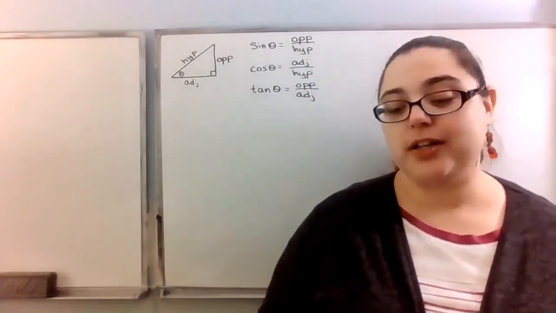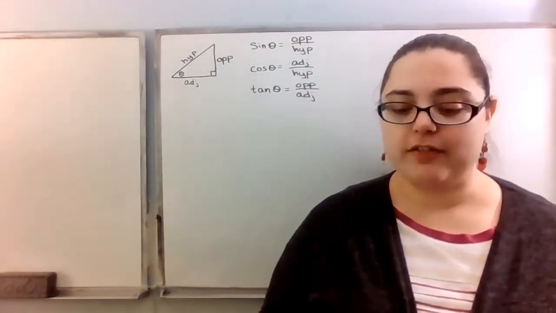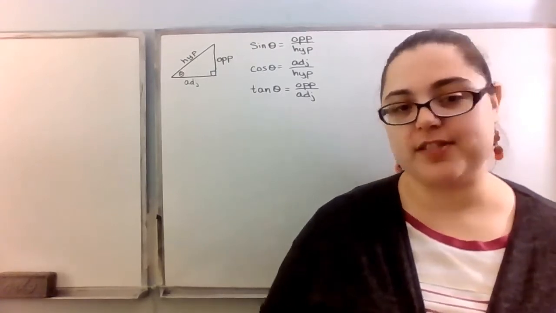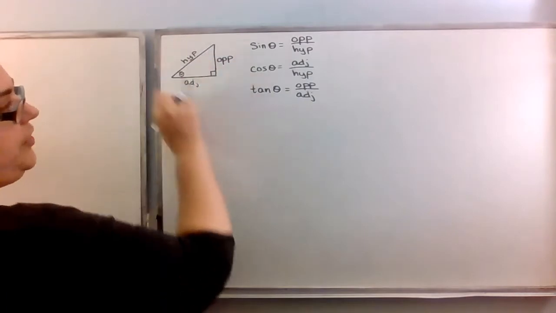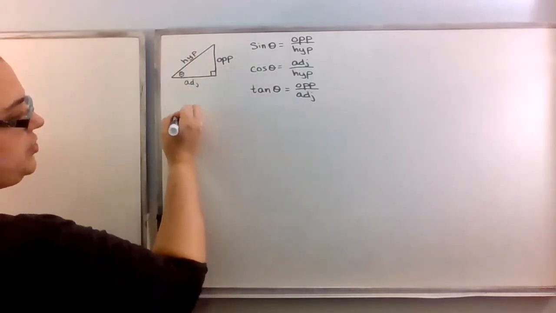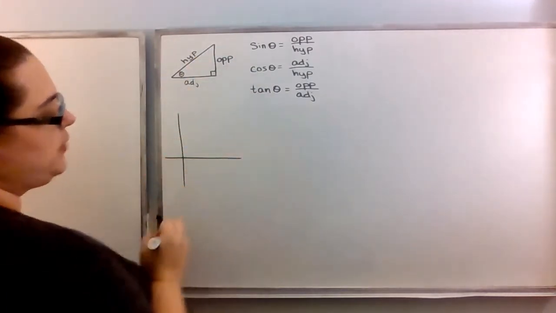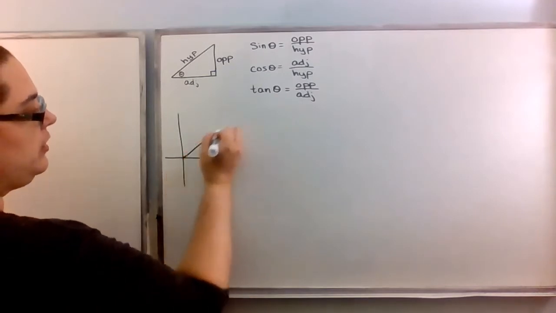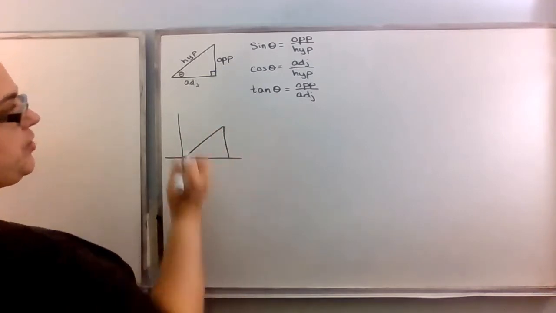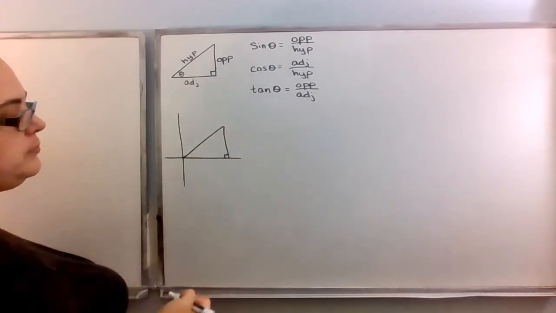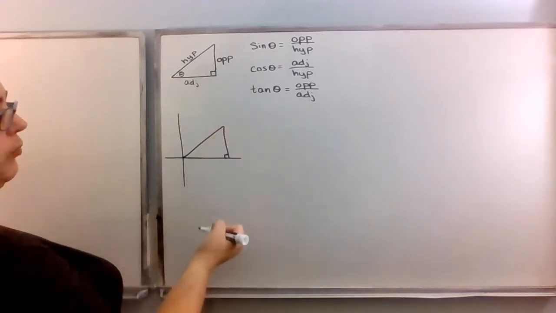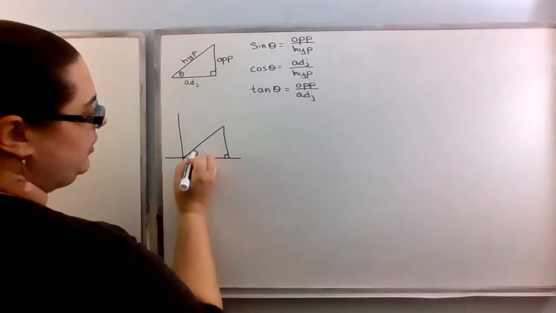So the first thing that we're going to do is we're going to think of this triangle as if it lives on a Cartesian plane. So I'm going to redraw this same diagram, but I'm just going to draw it on an XY axis. So here's my triangle. And here's my angle theta.